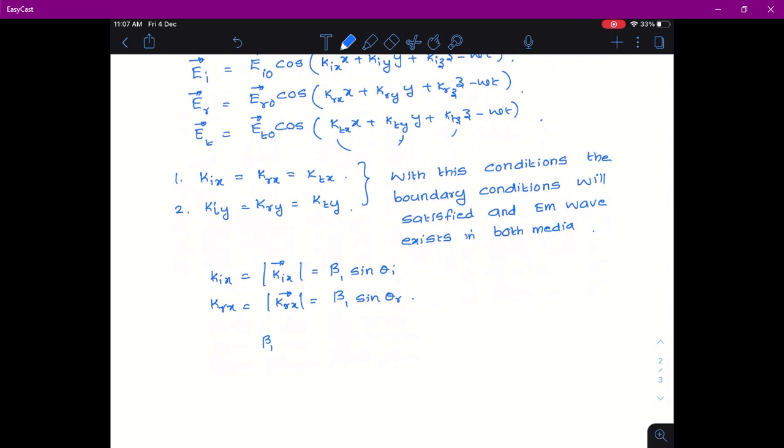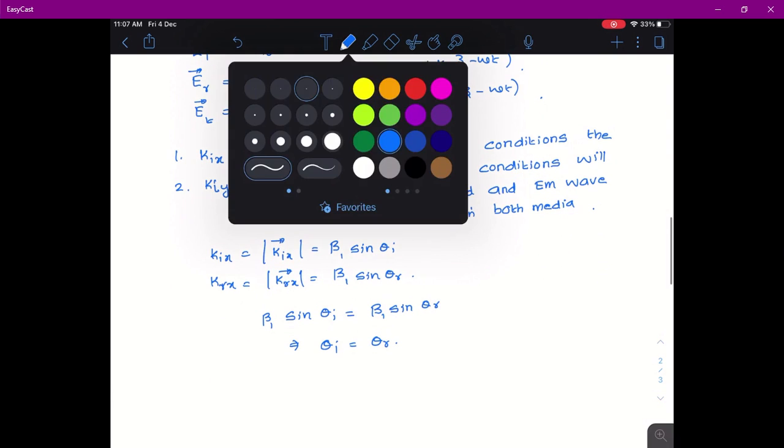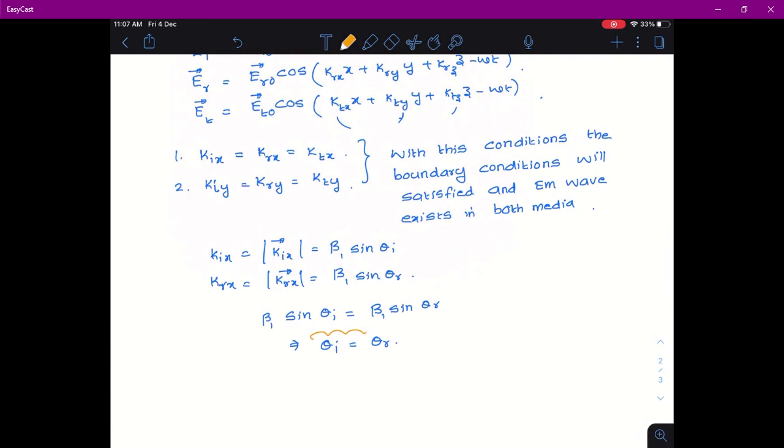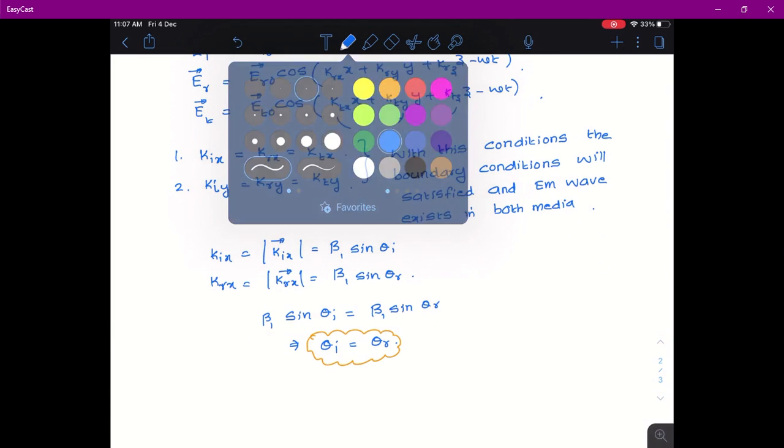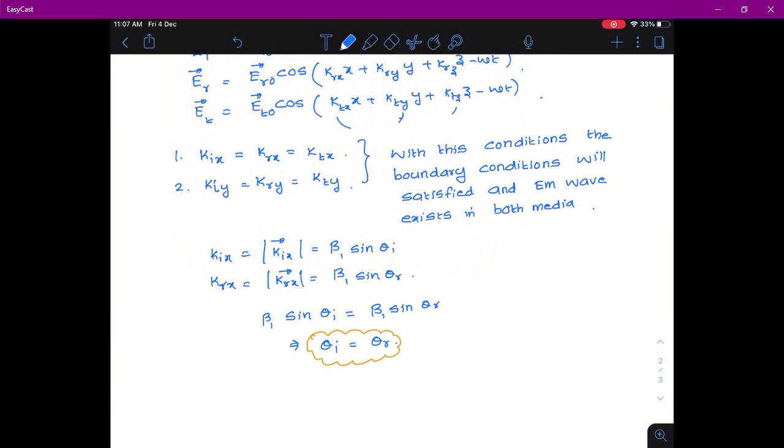So beta 1 sin theta i is equal to beta 1 sin theta r, which implies the incident angle should be equal to the reflected angle. Okay, and this is the famous Snell's law.